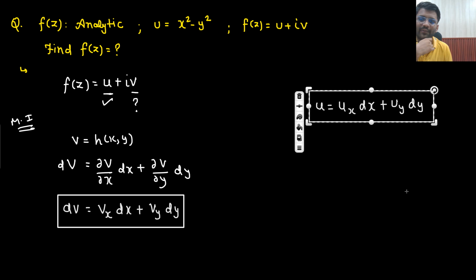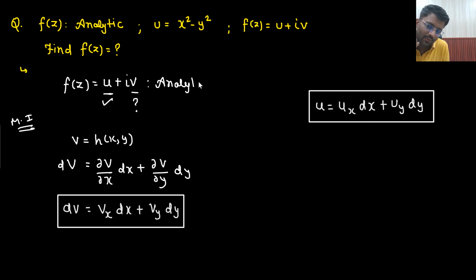Now since your f of z is analytic, then you know one thing. What do you know? Since it is analytic, I know that ux would be equal to vy, and vx would be equal to minus uy. This I already know.